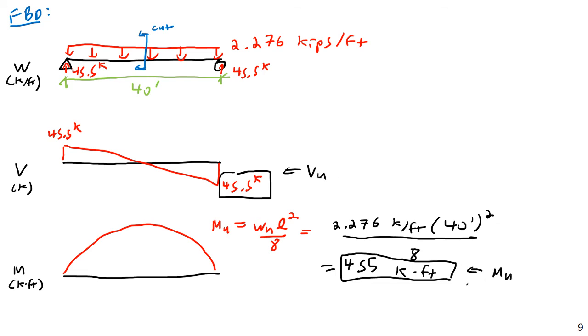After we do tributary area, after we gather our live load, after we gather our dead load, after we calculate the self-weight, after we convert all of those to line loads and then apply load factors, that right there is going to be our ultimate design load for moment and for shear. And we're going to design and select cross-sections to resist this type of load.